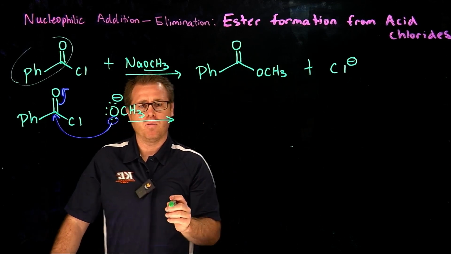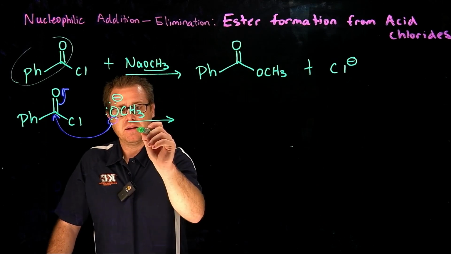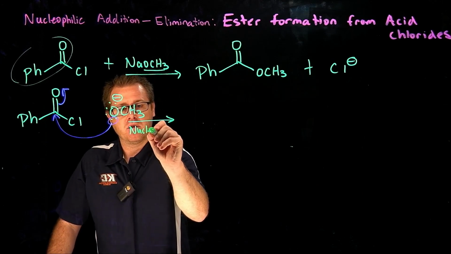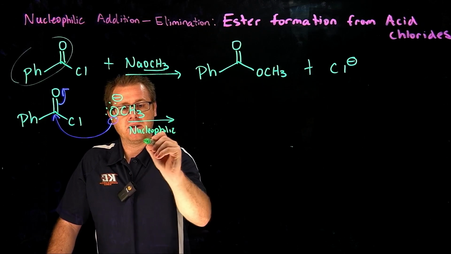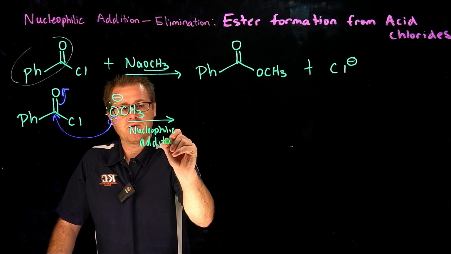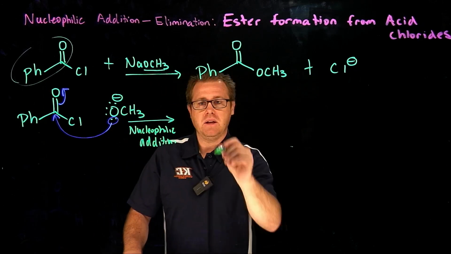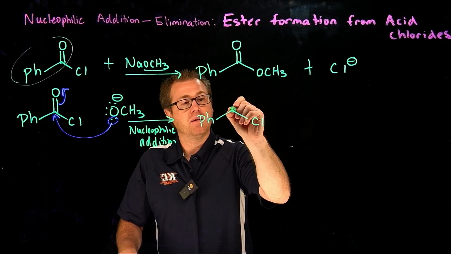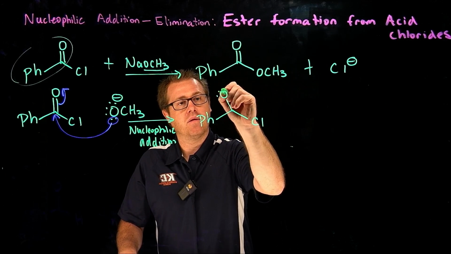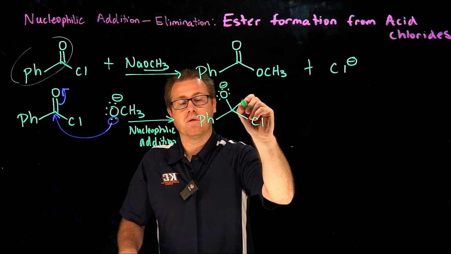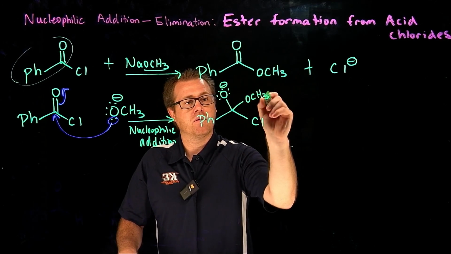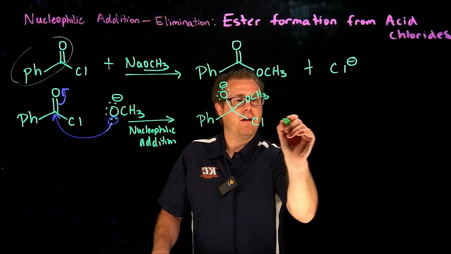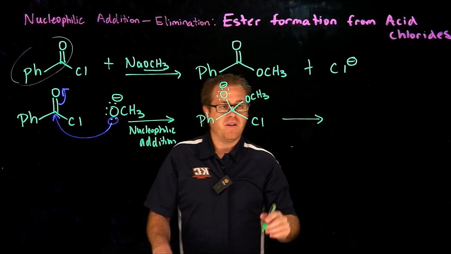We'll talk about why that is in a moment. But this is our nucleophilic addition step. So that will give us our tetrahedral intermediate. And then we will have our nucleophile elimination.